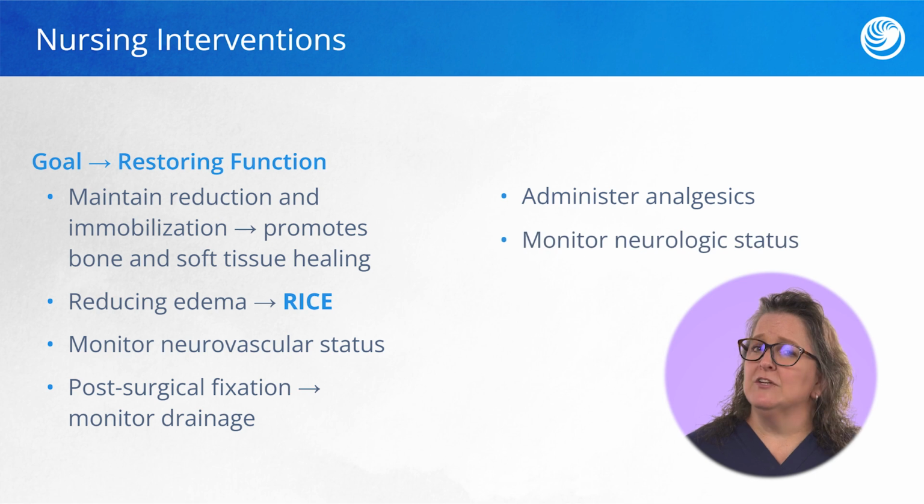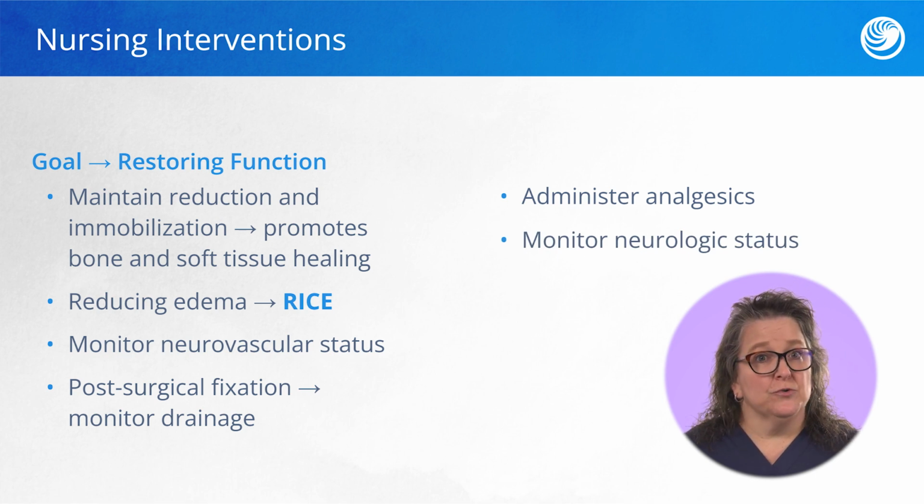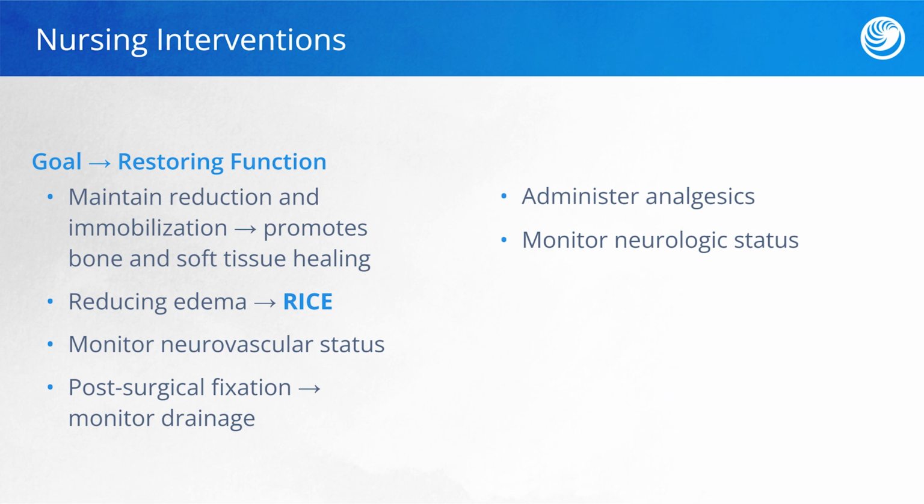We need to monitor their neurological status. Are they oriented? Monitoring for fat emboli or venous thromboembolism. And increase daily fluid intake to flush toxins and promote blood flow, bringing that oxygen to the area of injury and preventing deep vein thrombosis.